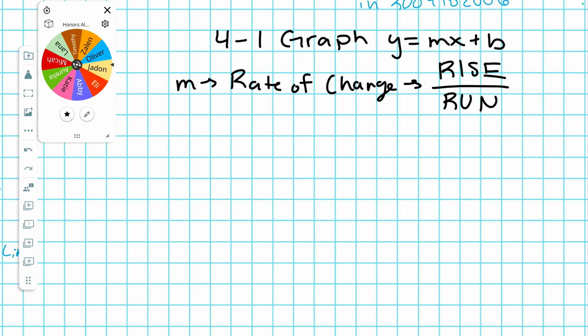Now, what is the b? What form is this? What do we call it? So which intercept is the b? It is the y-intercept.